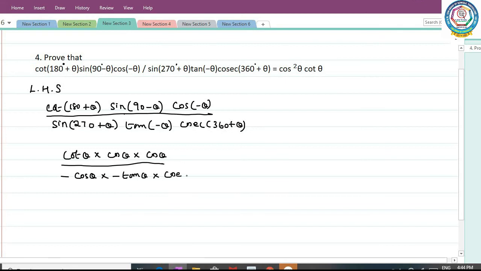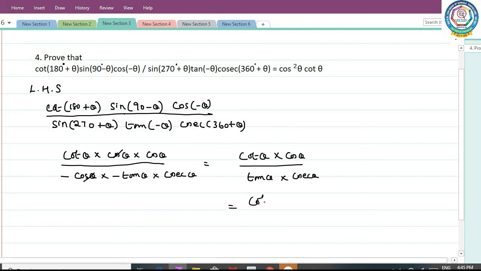Here cos theta cancels, minus into minus is plus, which is equal to cot theta into cos theta divided by tan theta into cosecant theta.